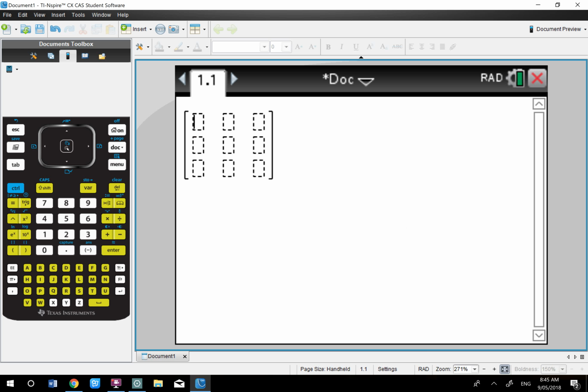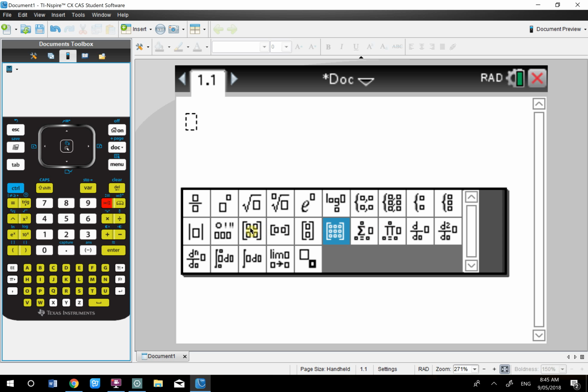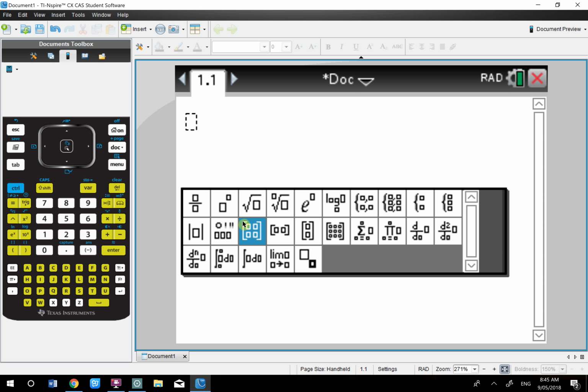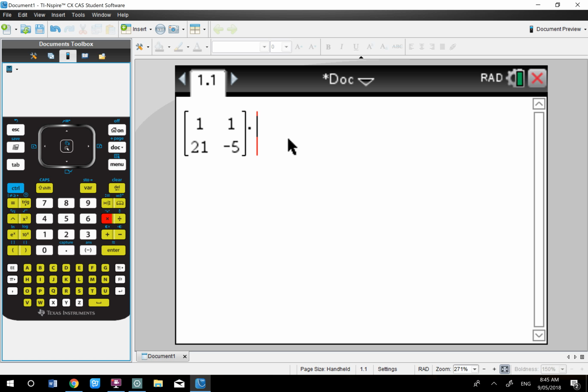But if you just want a 2 by 2 matrix, it's just here. Click on that, and you have a 2 by 2 matrix. For example, exactly this question here, 21 and minus 5, and I will press the times button, times a 2 by 1 matrix.